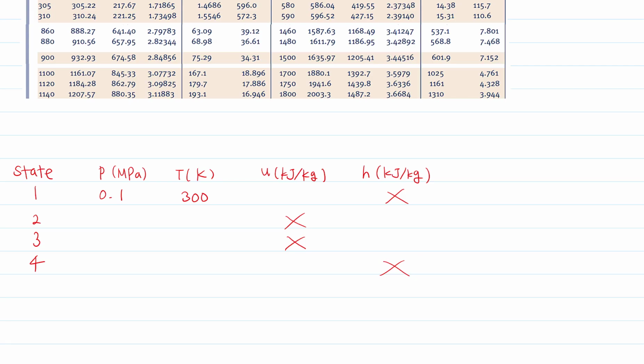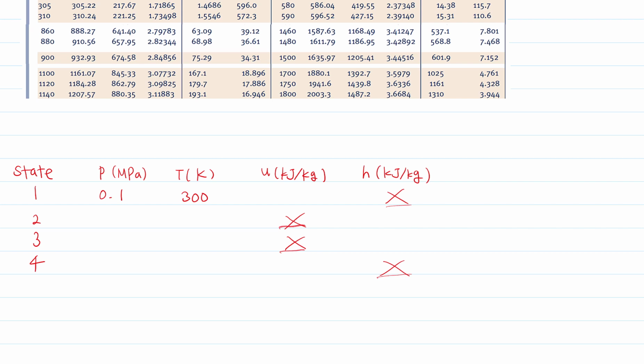I'm going to begin by creating a table with properties in each state. The main goal of analyzing the air standard diesel cycle is to acquire the thermal efficiency. We don't need to know the properties h1, u2, u3, and h4, but we will determine the rest of the unknowns.